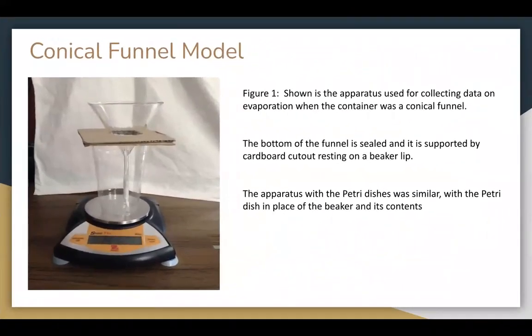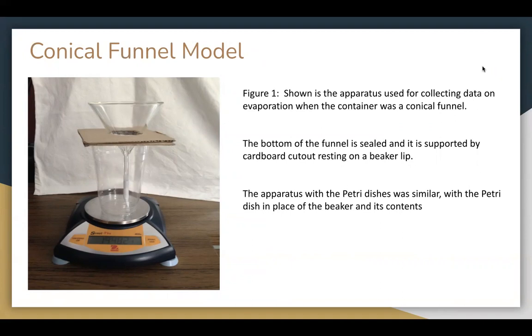In this experiment, we used a conical funnel. The bottom of the funnel is sealed and it is supported by a cardboard cutout resting on a beaker lip. The apparatus was similar to the one with the Petri dishes, as my teammates explained, with the funnel in place of the beaker and its contents. We explored the evaporation rate of 91% isopropyl alcohol.